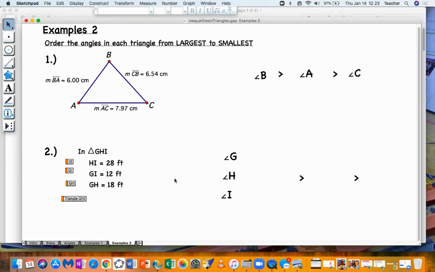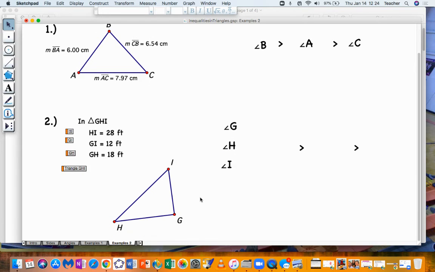All right, same as before. It gives me a statement of triangle GHI. If you want to draw one, draw one. I think it's a good idea. All right, so again, doesn't have to be accurate. So HI is 28, GI is 12, and GH is 18. So that's what the triangle would look like. And then based on that, I go.